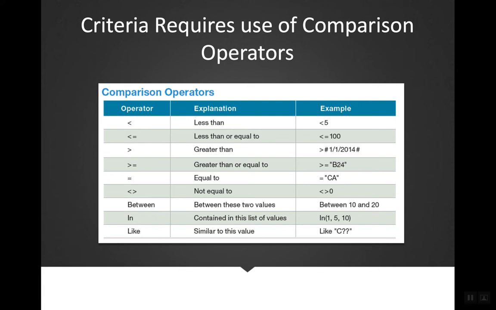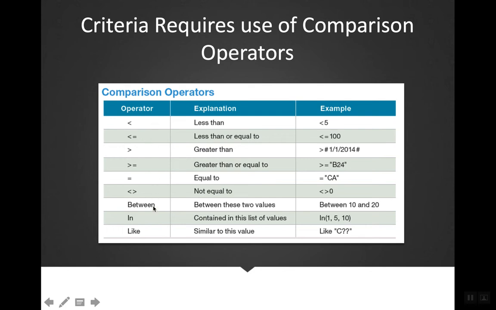If I say something is less than or equal to 5, it would be 5, 4, 3, 2, 1, 0, and anything negative. So basically, if you say less than or equal to, it would be that number plus everything behind it. So when you're looking at a query, you want to make sure you see the difference between whether something is less than or less than or equal to.